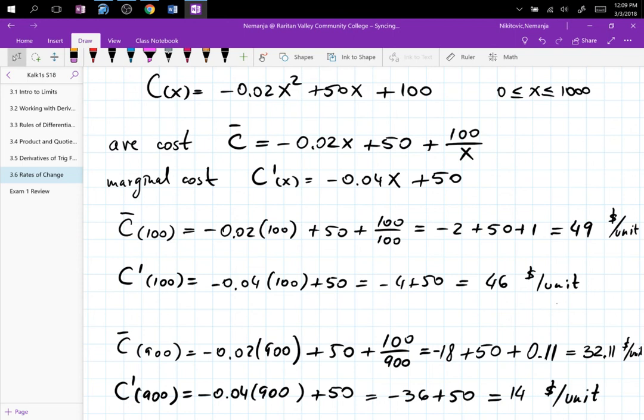The more I produce, over here I produced only 100 units, over here 900 units, the average cost went from 49 to 32. That's on average. And then 46 down to 14. So the cost of producing the 100th unit is 46, and the cost of producing the 900th unit is only 14. That's crazy good.